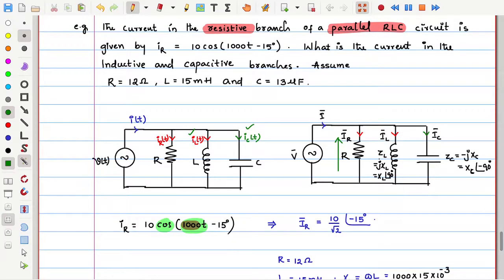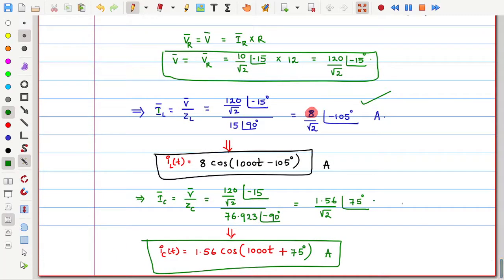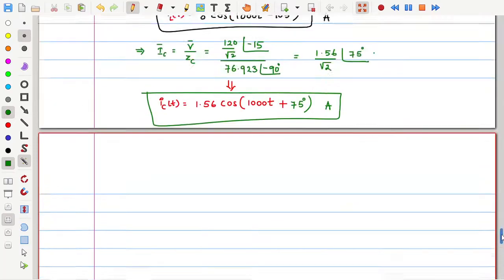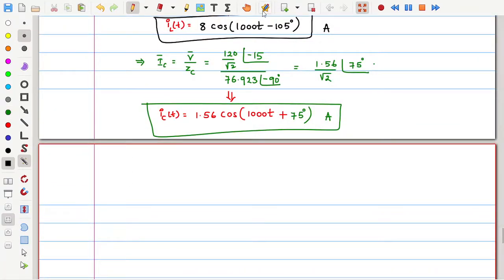And if some other things are asked, like let us say what is the total current I. Let us just as an extra work find the total current. Total current is equal to IR plus IL plus IC in phasor form. First let us do every calculation in phasor form. If you need, you convert back to time domain. How much is IR?